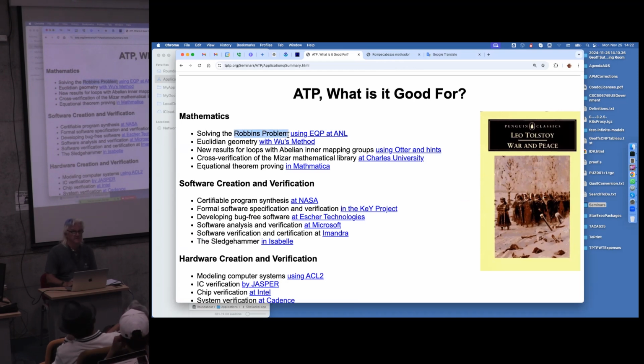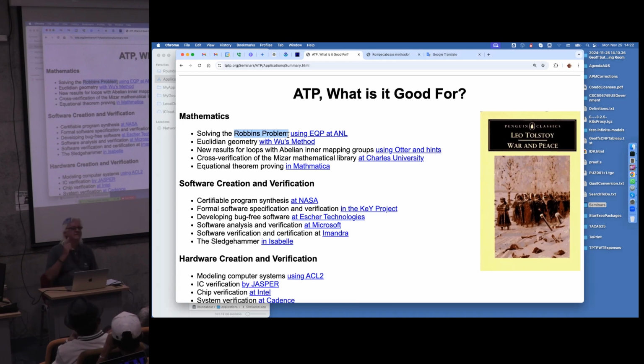In algebra. You say every Robbins algebra is a Boolean algebra. And Tarski, you know Professor Tarski from a long time ago, him and his PhD students, they tried to make a proof. For 20 years, they could not make a proof.